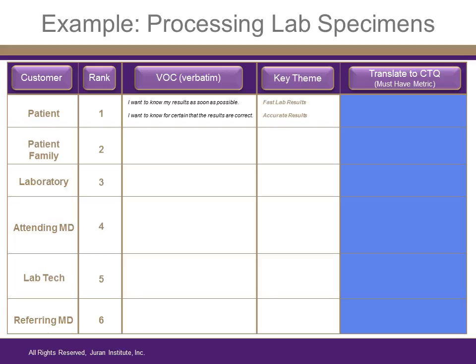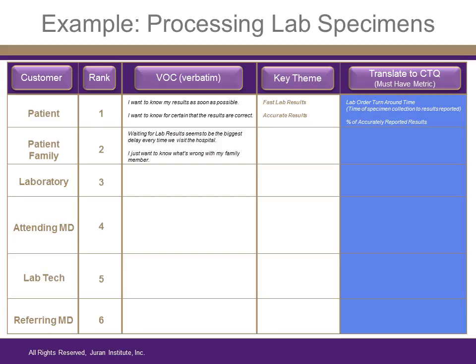Next, our key theme is identified: fast lab results and accurate results. We use this to translate the voice of the customer into the CTQ, which in the case of the patient is lab order turnaround time and percentage of accurately reported results. Our second customer is the patient family. Voice of the customer is recorded.